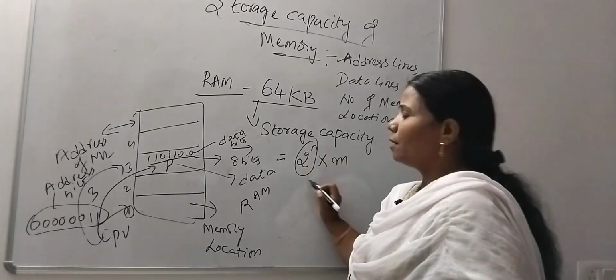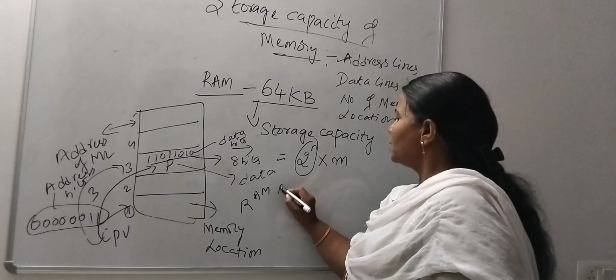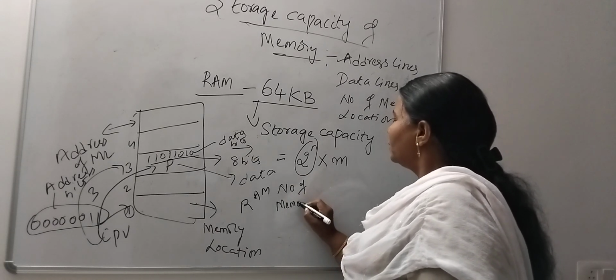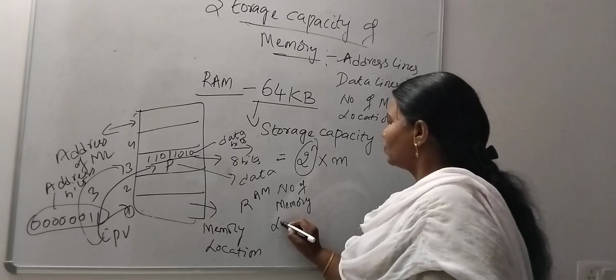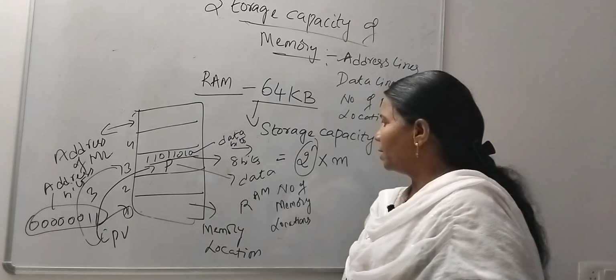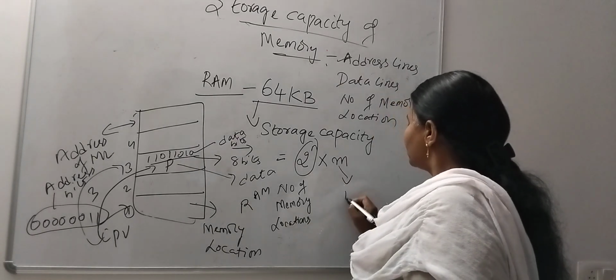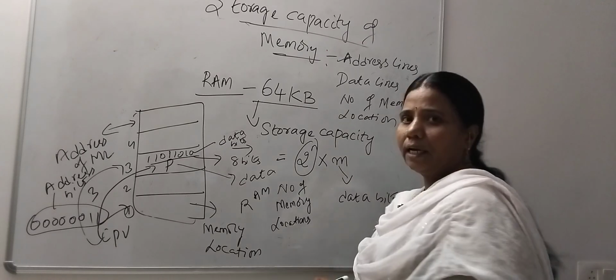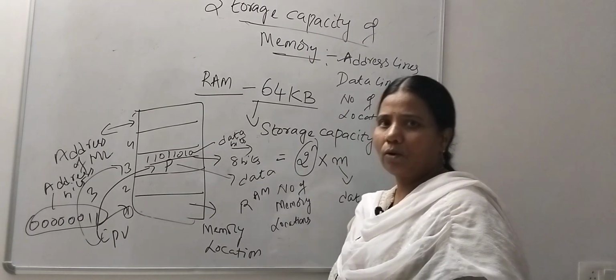What is this 2 to the power of n? This represents the number of memory locations present in the memory. And what does this m represent? Data bits used for storing the data in the memory location. Okay.